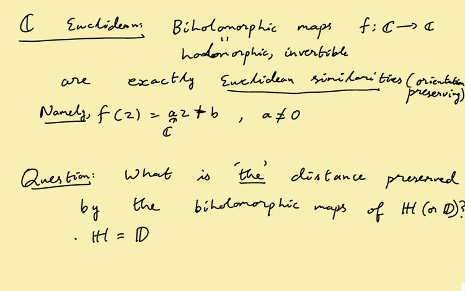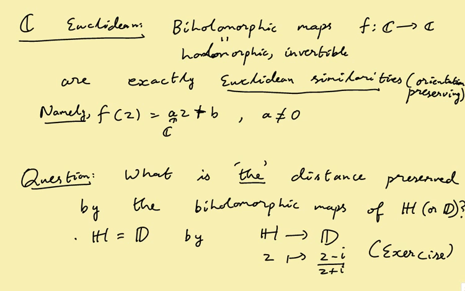Okay, so this is not strictly speaking a meaningful sentence, but before entering into these detailed questions, just recall that the upper half plane and the unit disk are equivalent by using the map from H to D which takes Z to (Z minus I) by (Z plus I). If this is not familiar, do it as an exercise. Show that this map from H to D is actually a bijection between the upper half plane and the unit disk.